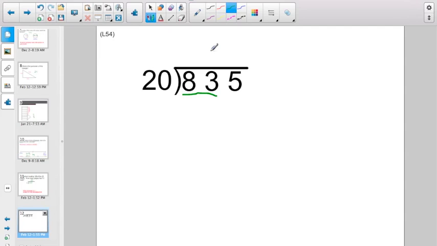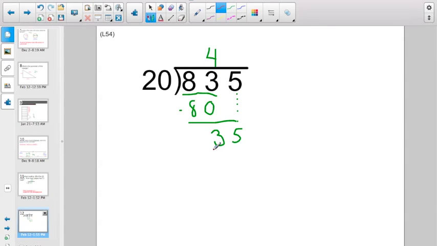I know that 2 times 4 is 8, so 20 times 4 has to be 80, right? I'm going to multiply this back, subtract it out for 3, bring down my next digit and park it next to my subtraction answer. And I'm getting ready to do it all over again.